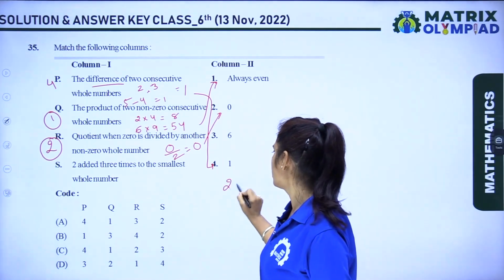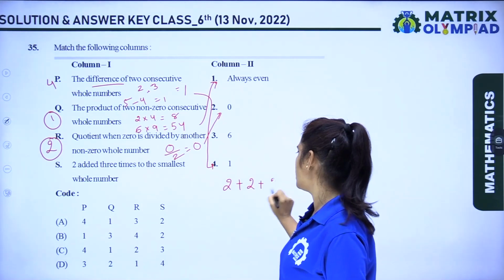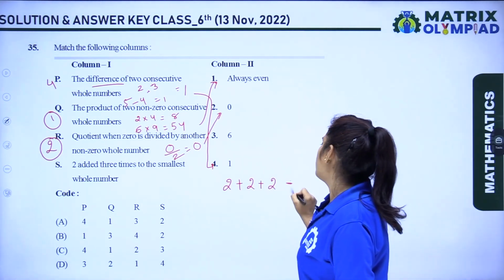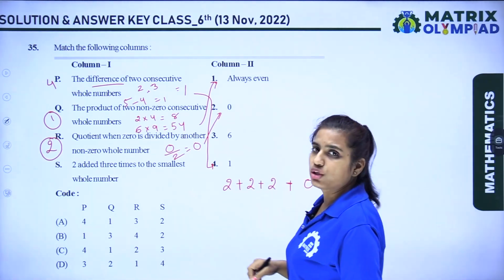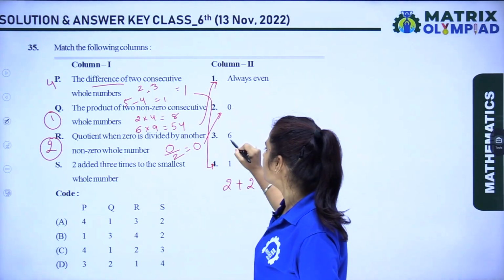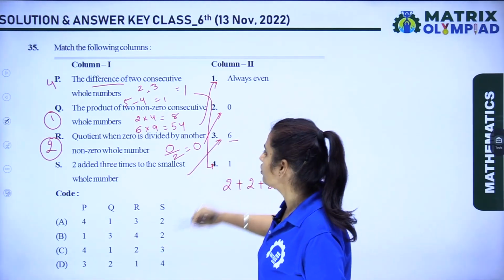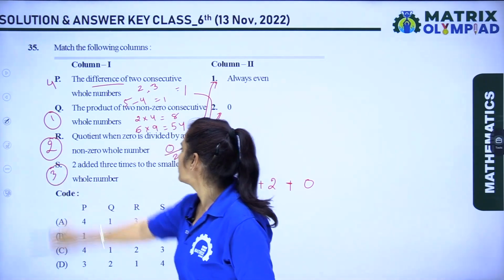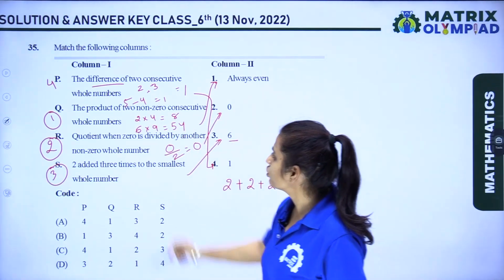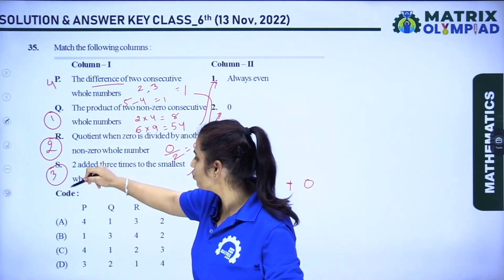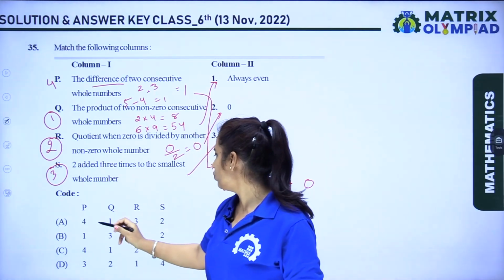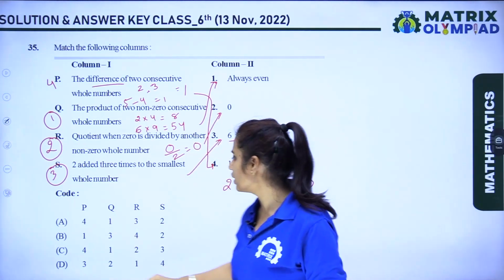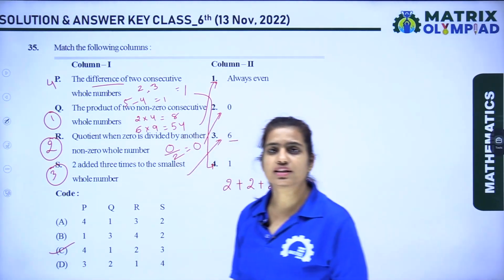It means 2 plus 2 plus 2 plus the smallest whole number, which is 0. So here the correct answer is 6. So it is the third part in column 2. So the correct sequence is 4, 1, 2, 3. Let's check, 4, 1, 2, 3. Option C is the correct answer.